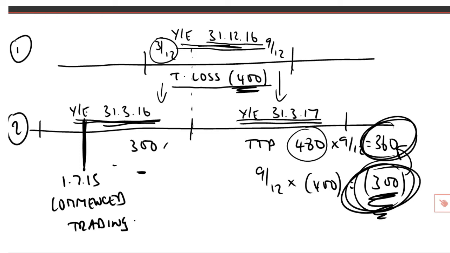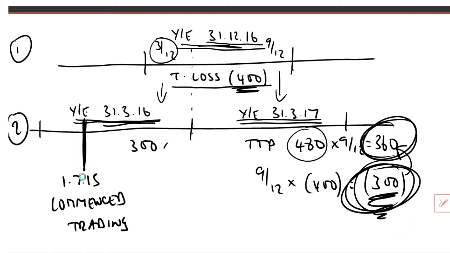So it only commenced trading on the 1st of July 15 there. So what would that mean now about the maximum group relief available in relation to the loss of 400,000 made within the year ended December 16? What now would be the amount of group relief claim that could be made?